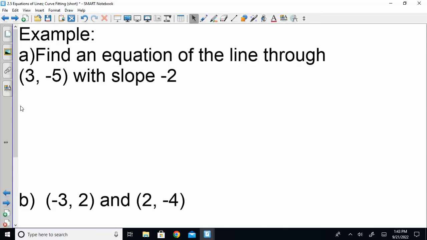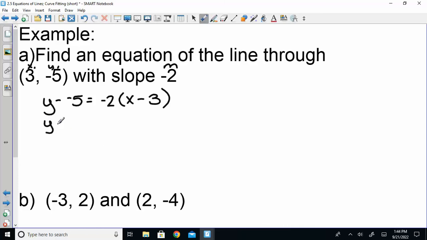Alright, so if I ask you to write the equation of this line. I've got a couple of these. I'm going to do this first one using the point-slope formula. So it's y minus, what's y sub 1? Negative 5 equals m, which is my slope, negative 2, times x minus x sub 1, which is 3.